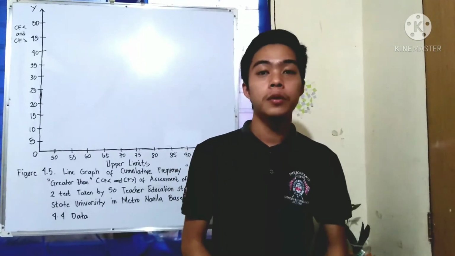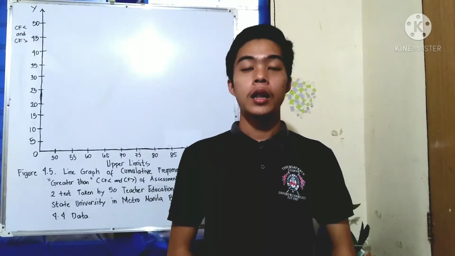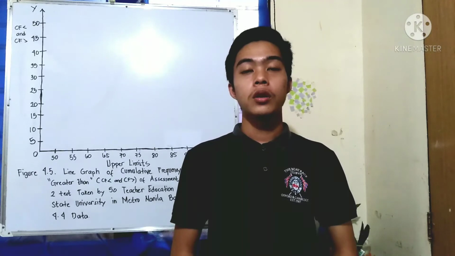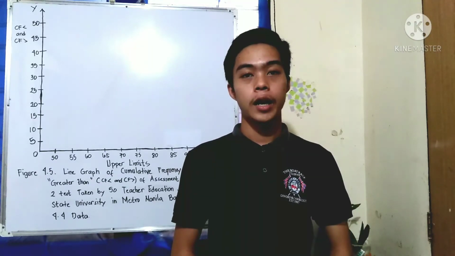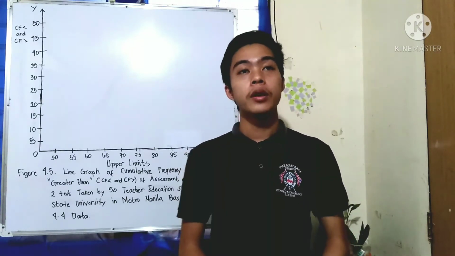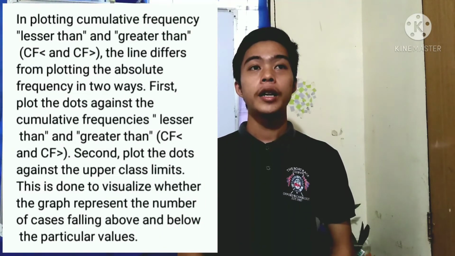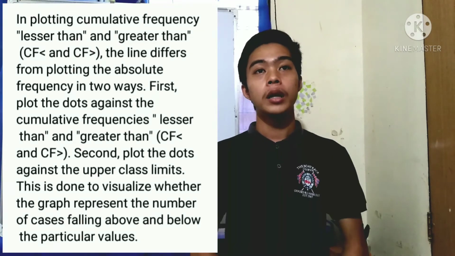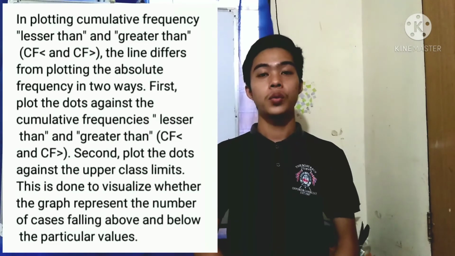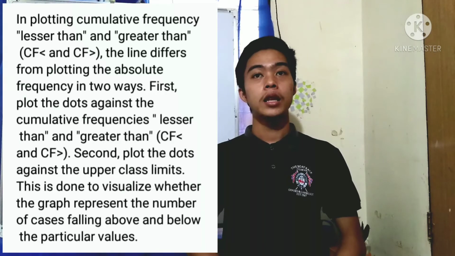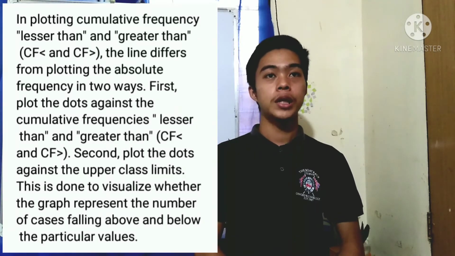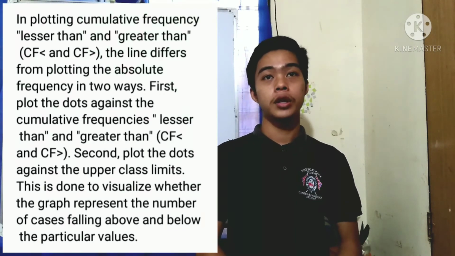Now let's move on to how to get a line graph of the cumulative frequency greater than and less than. In plotting cumulative frequency less than and greater than, the line graph differs from plotting the absolute frequency in two ways. First, plot the dots against the cumulative frequencies less than and greater than.